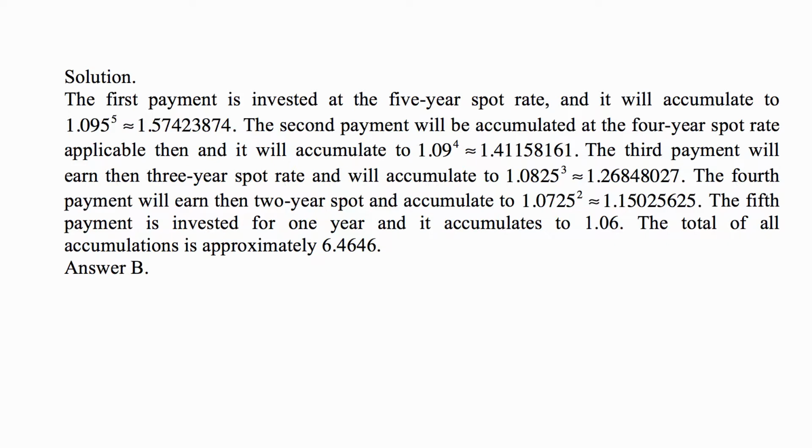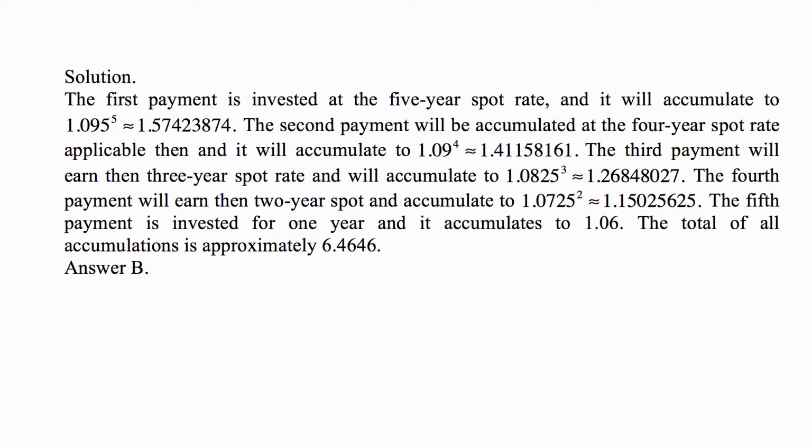The second payment will be accumulated at the 4-year spot rate applicable then, and it will accumulate to 1.09 to the fourth. The previous 4-year spot rate will go to 9% by the parallel shift.